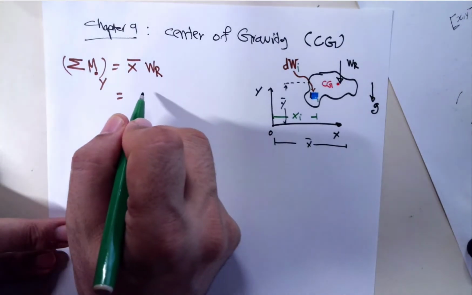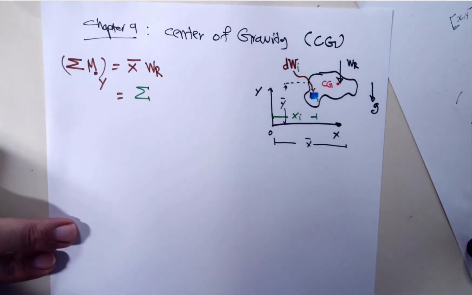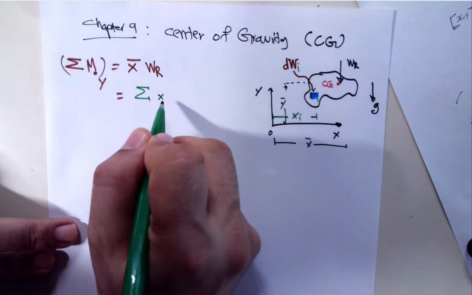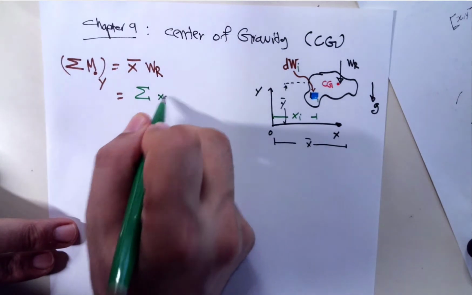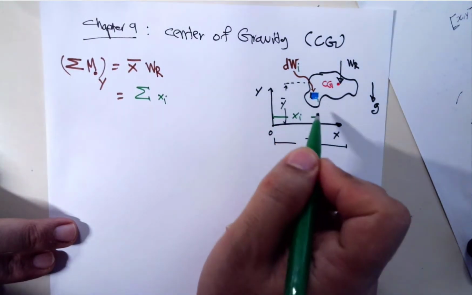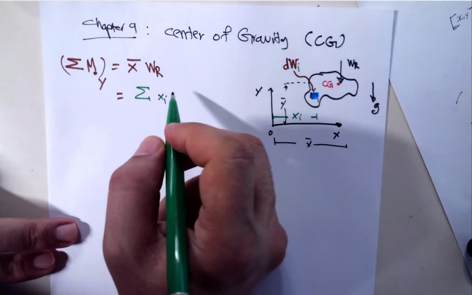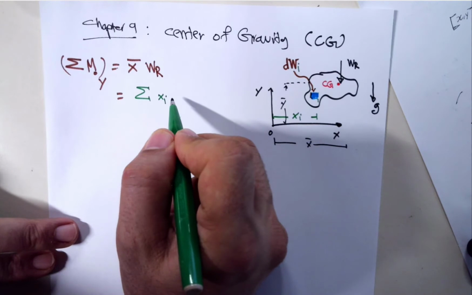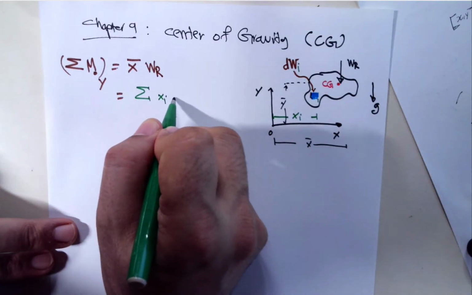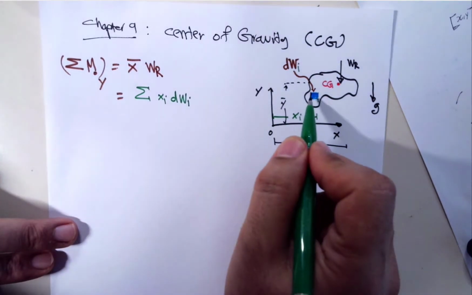Then I'm going to take the summation, because the moment is the location multiplied by, or cross product with, dW. But because this is perpendicular, it's sine theta in the scalar format, theta is 90, so it's 1, and we don't have to show it. Therefore it is xi dWi. Now, how many of these fragments do we want?